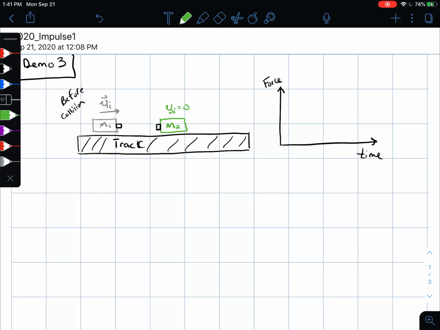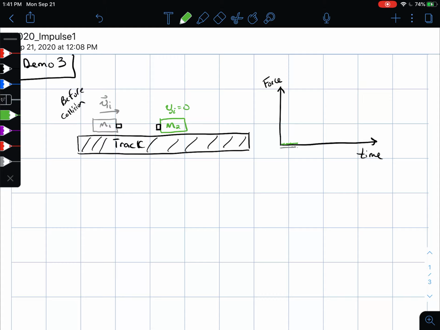Clearly there was no force on either bumper, so it would look like a bunch of little data points that are all basically zero, and likewise for the gray. So the force versus time graph looked something like this.